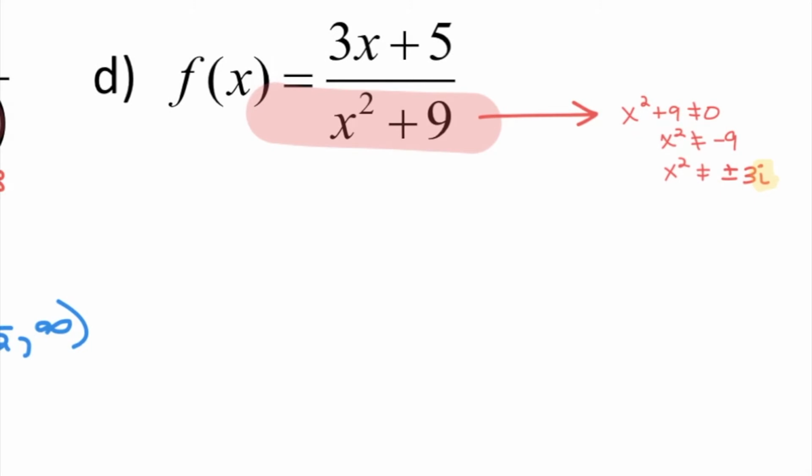So there's no way that this denominator can be equal to 0. Now, if you want to, you can look at the graph, but if you know that the denominator cannot equal 0, and that's the only thing in this problem that could restrict the domain, then your domain here is going to be all real numbers. And you technically don't need to look at the graph.